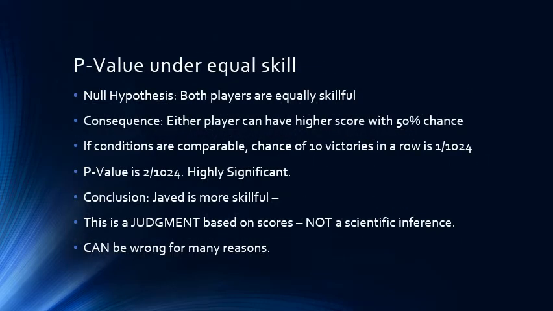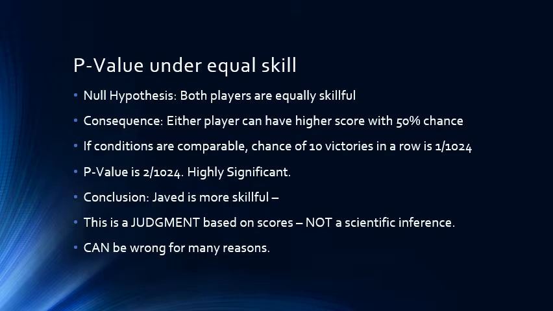Assume away the complications that might arise due to confounding factors and many other real-world things, and we consider the null hypothesis that both players are equally skillful. In this case, either player could have a higher score with 50% chance. And if this is so, then the chance of 10 victories in a row for one player is 1 over 1024, 1 over 2 to the 10th power.